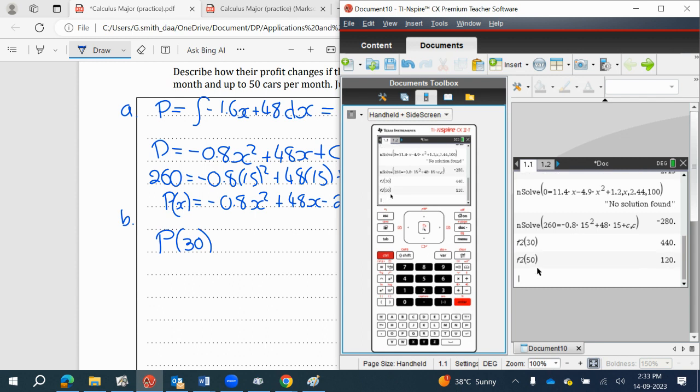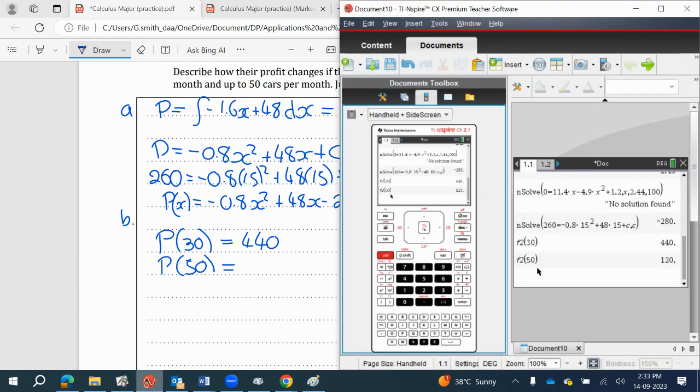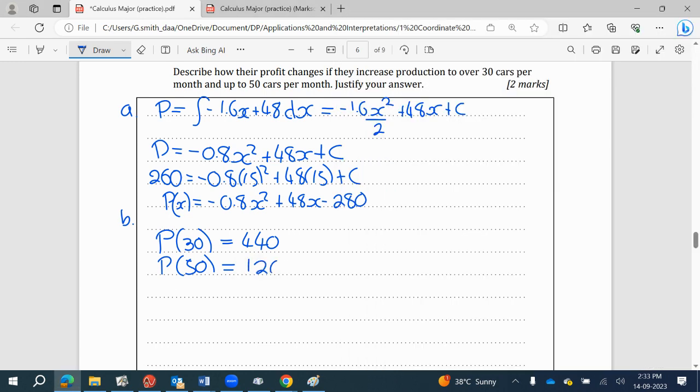So I see my two values, 440 and 120. So this equals 440. And the profit when I make 50 cars is going to be less than that. What was it? 120. What's the difference in profit? I can't do this quick math right now.